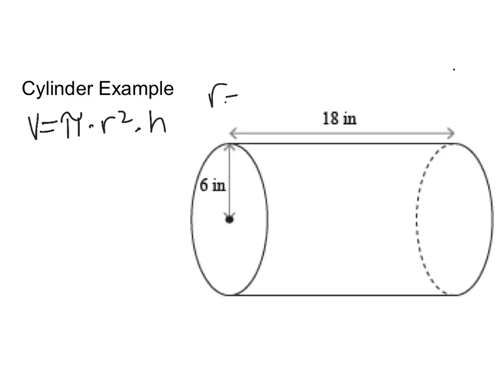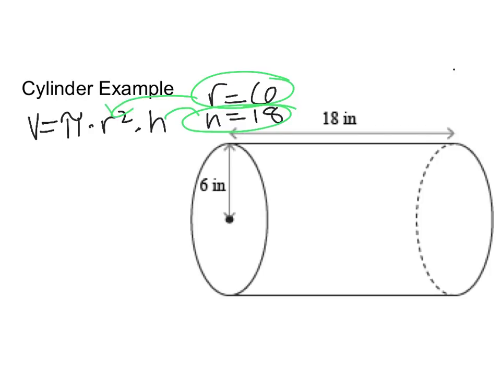So in this case, radius is 6 and height is 18. Then you put in the values that you're using into the formula and calculate.